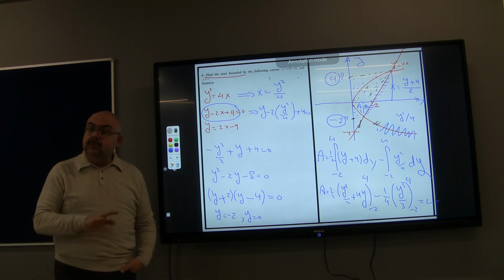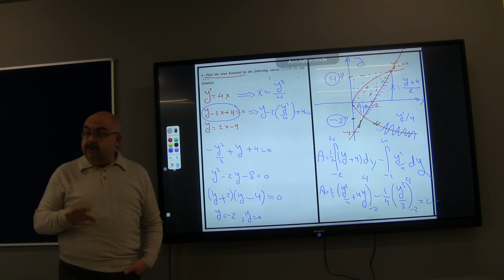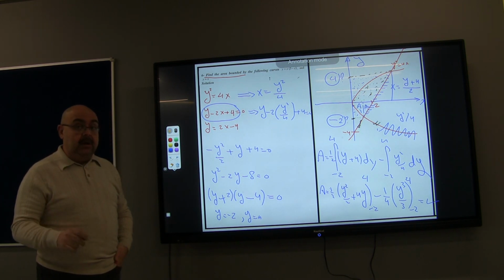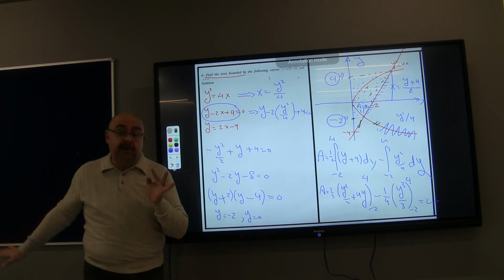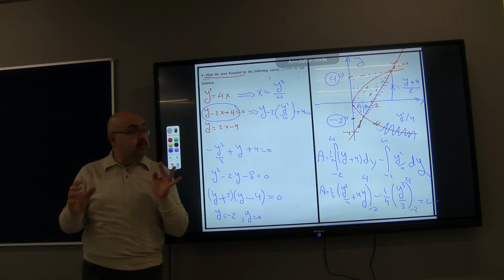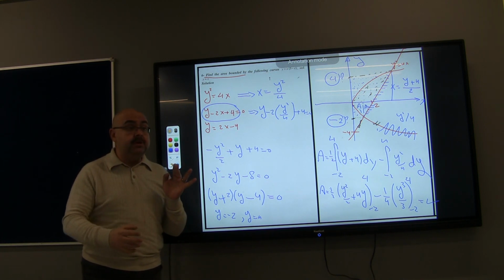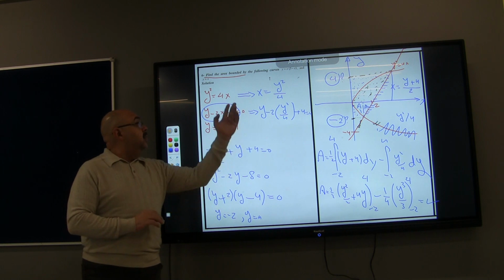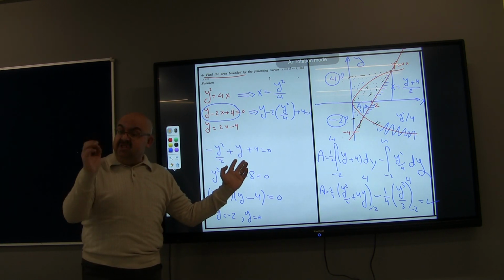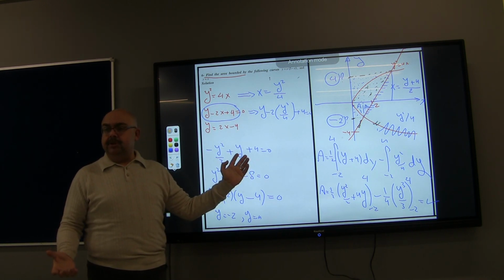Clear. Any problems? Be careful, you have integrations through the ideas we mentioned last time: main functions, by parts, completing the square, substitution, all of this. Then you will have this part which contains a direct application of definite integration.